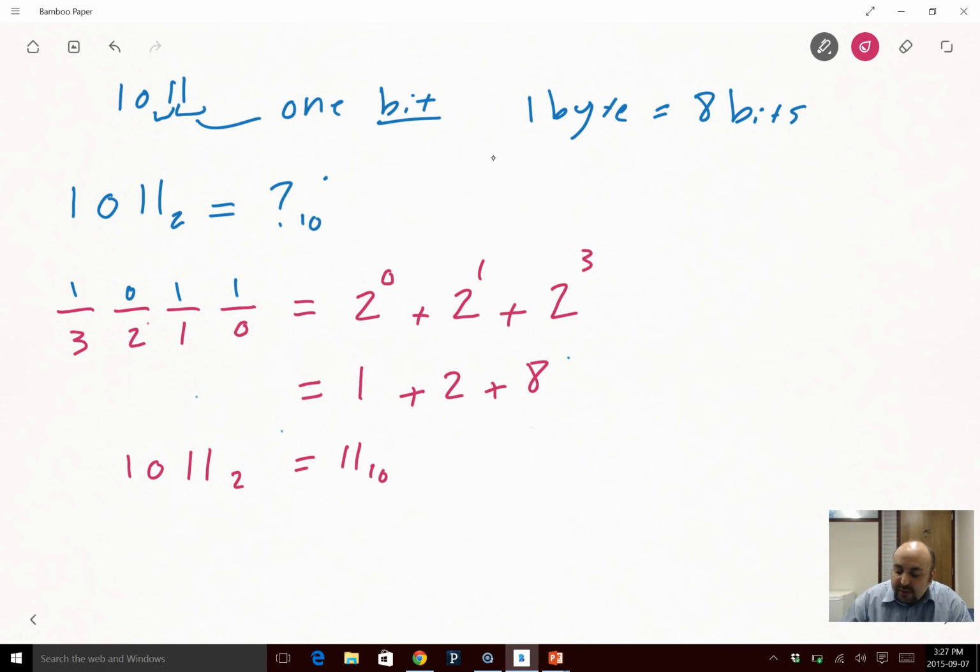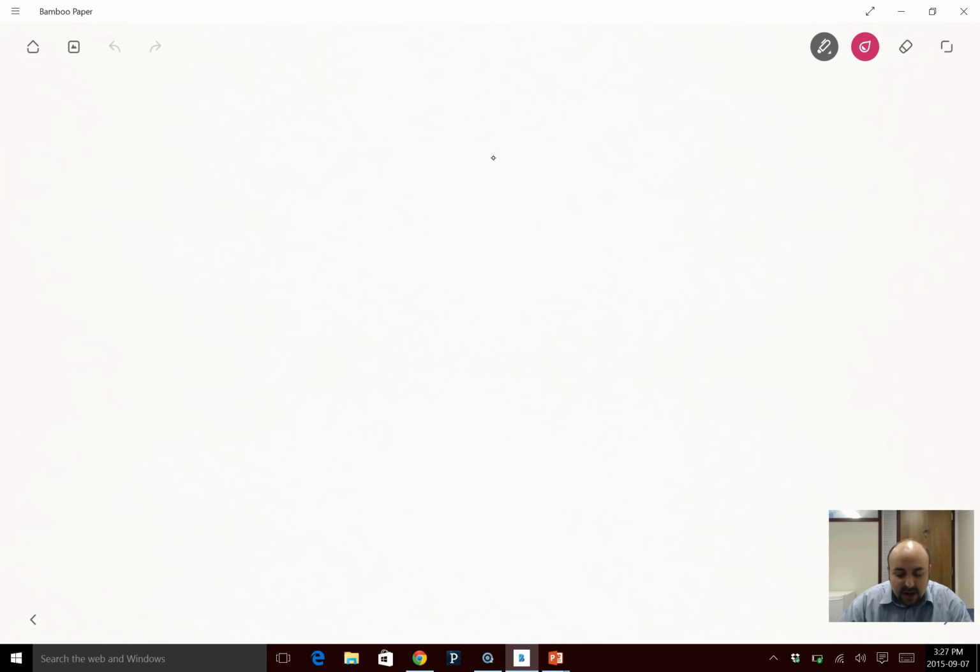So let's try to do it the other way around. For example, if we have 11 to base 10, how do we convert that to a number in base 2? Well, this is quite simple. The way we would do it is using division.